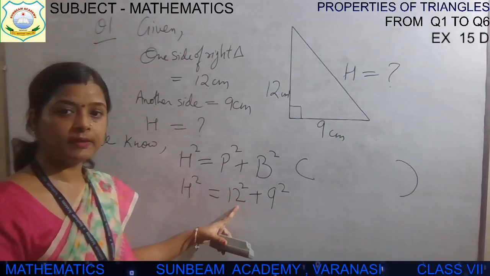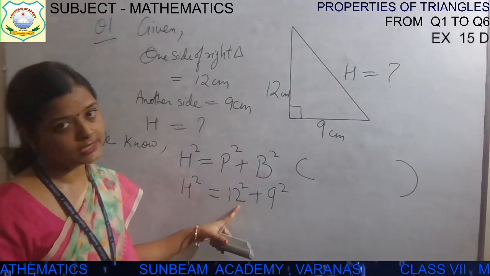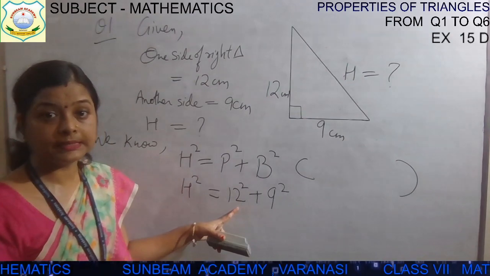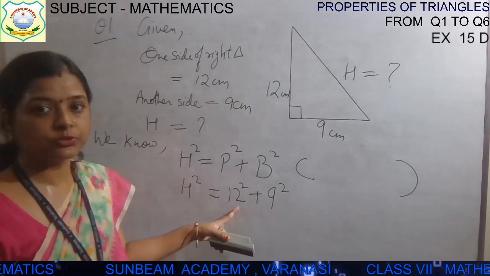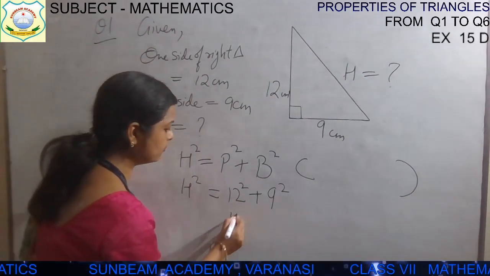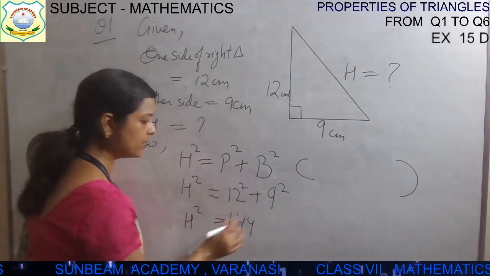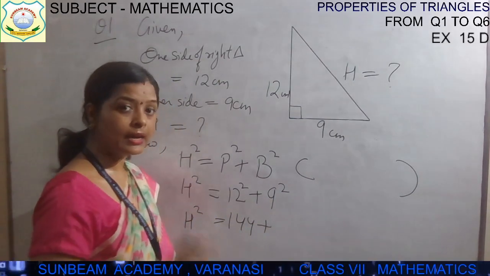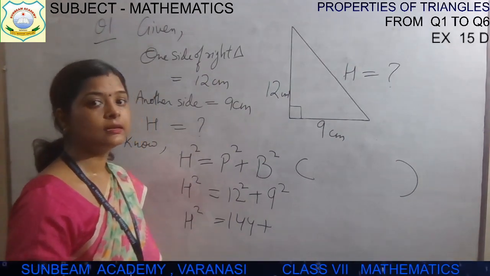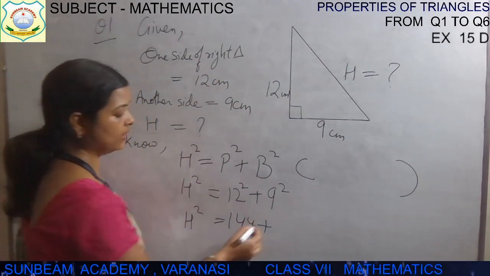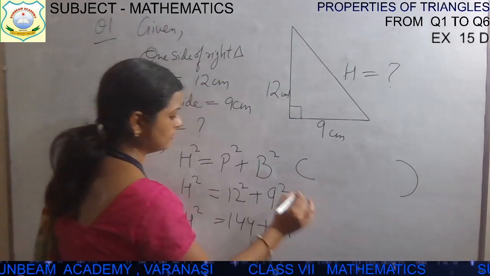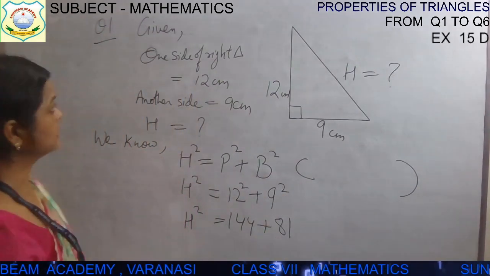So this number 12 will multiply 2 times with itself. Okay, 12 into 12. So 12 square is 144. And 9 square will be 9 into 9, that is 81.